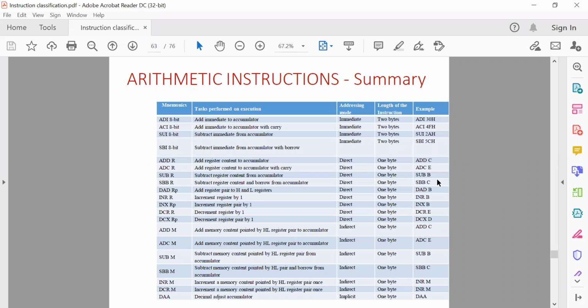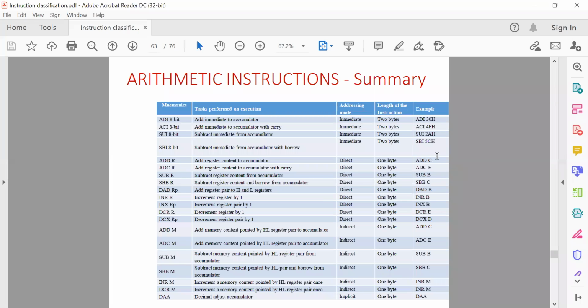It is added to the accumulator content for addition, and subtraction must be performed from the accumulator content. A minus B, and the result will be stored in the A register for the sub instruction. So these two instructions are register to register operations.